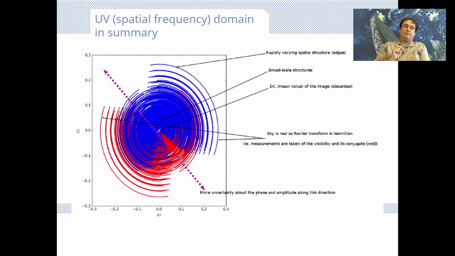Right at the center of this UV space, we have a mean value, which we refer to as the DC component as well, for all the engineers out there. And what we typically do is we discard this measurement. Why do we discard this measurement, you may ask? Well, if you remember, we're cross-correlating pairs of antennas here, right?